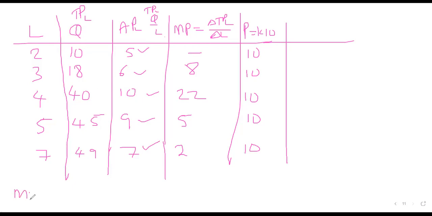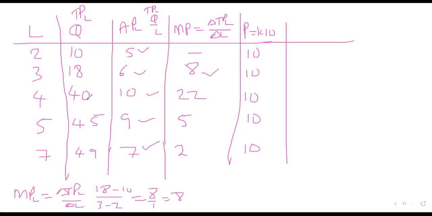Yes, we are. Then the marginal product of labor, I said, is the change in total product of labor over the change in labor units. The first one doesn't have a pair on top, so we start from here. 18 minus 10 divided by 3 minus 2, 8 over 1, which is 8.